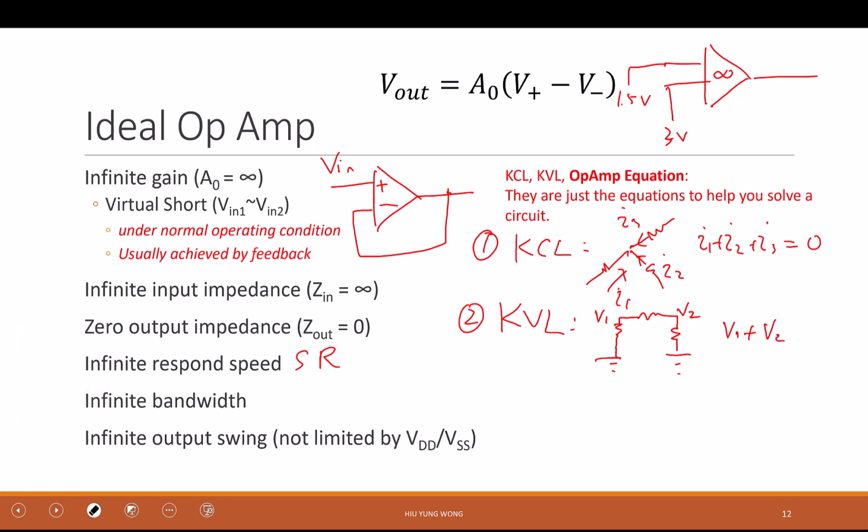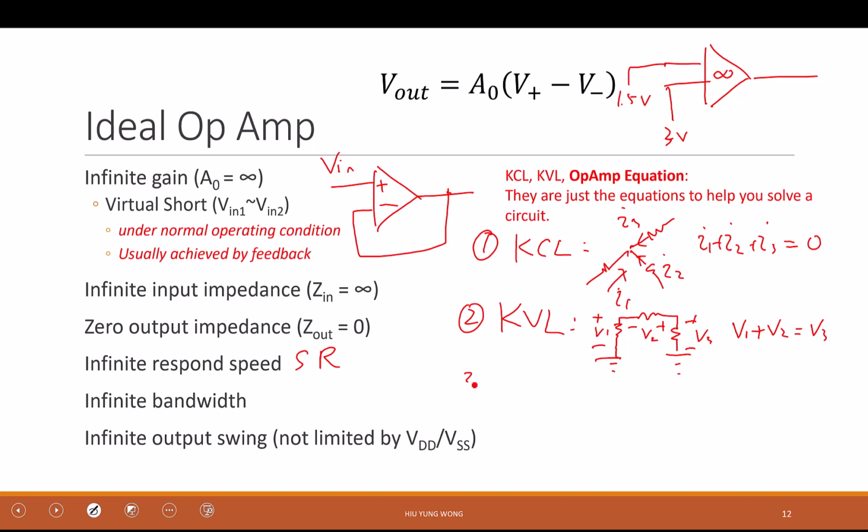I better use the potential drop instead. That will be easier to illustrate. I say this is V1. The potential drop is V1. From here to here is V2. And from here to here is V3. For example, I can choose the convention. Then I set V1 plus V2 equals to V3, right? That gives you another equation.